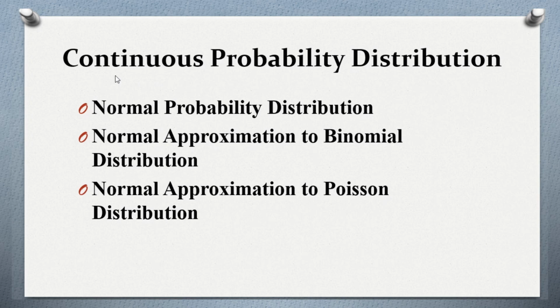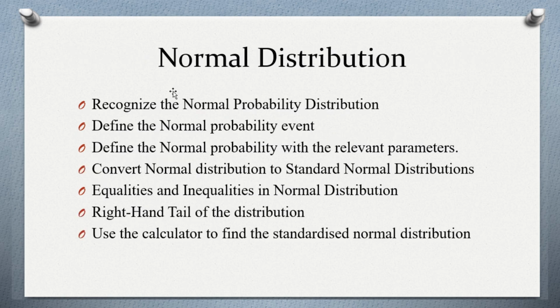Okay, so we will have 3 learning outcomes. Basically here you will have normal probability. Normal distribution is similar to semester 2, just a little bit more extension. Then we will have normal change to binomial, normal change to Poisson, which we will not do just yet. For normal distribution, your learning outcomes are to recognize normal distribution, which I will show you later, define the event, which we have been doing, define the distribution, and convert the normal to standard.